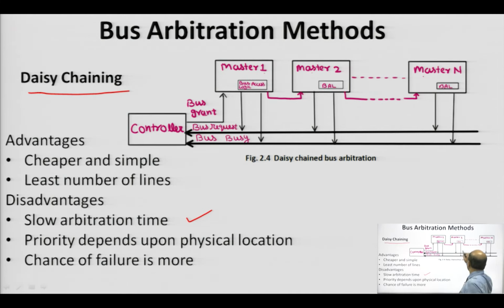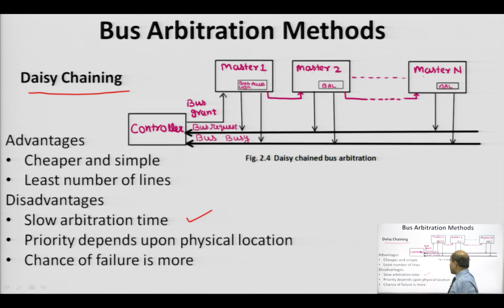This signal propagates from one master to another, and each master evaluates whether the bus is required by it, yes or no. If it is not required, only then is the signal passed to the next master. Due to this, slow arbitration is possible in this case.